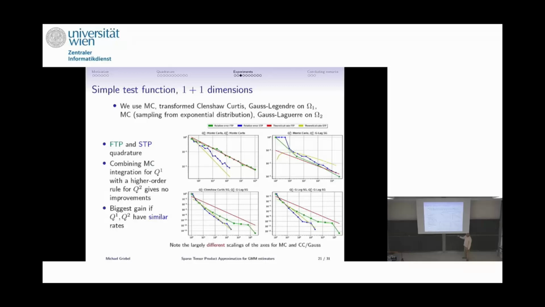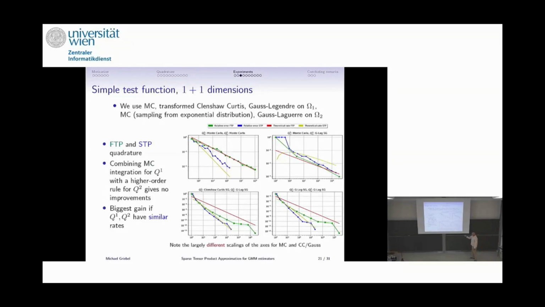Here we are at 10 to the minus 14 with the Gauss type and Clenshaw-Curtis type quadrature, and we need just 10 to the plus 3 degrees of freedom to get to 10 to the minus 12 here. Completely different scale. Monte Carlo versus Monte Carlo would live here, whereas this one has nearly exponential convergence rate, or a very high convergence rate for the different techniques.